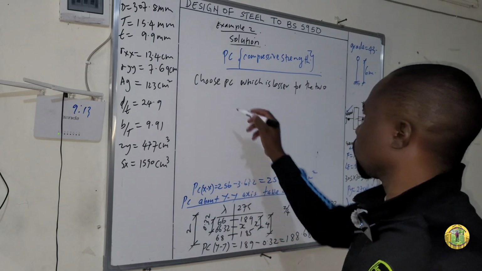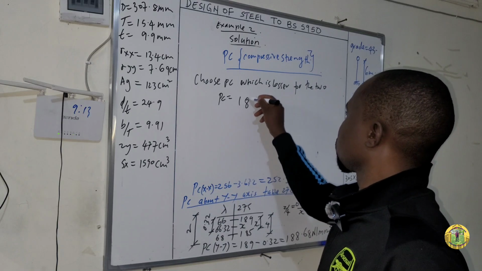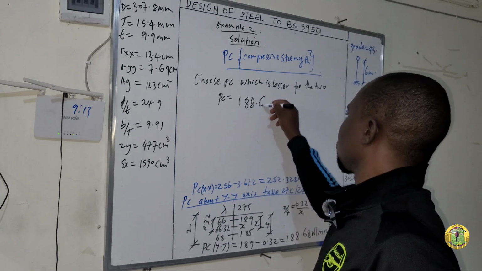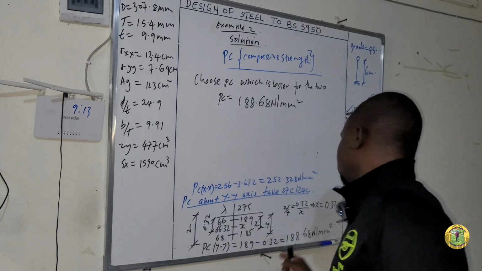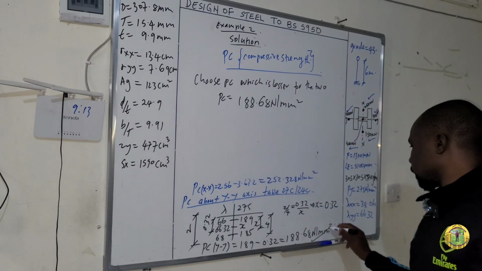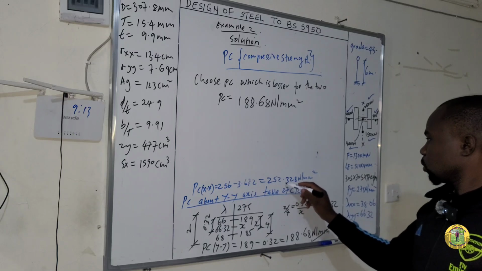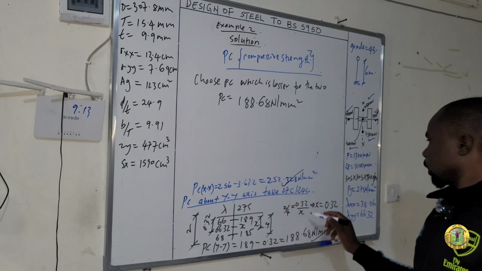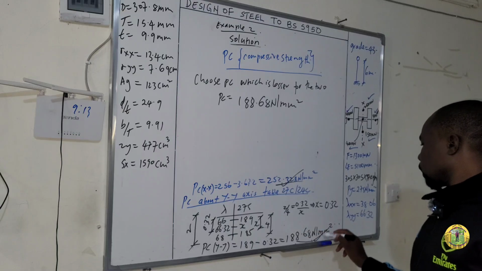So the PC is equal to 188.68 Newton per millimeter square, because this 188 is lesser amongst these two. So it's lesser if you compare this and this. So this one is lesser.